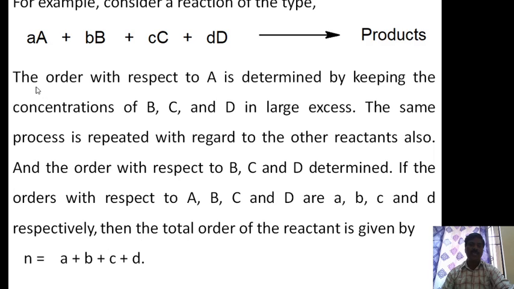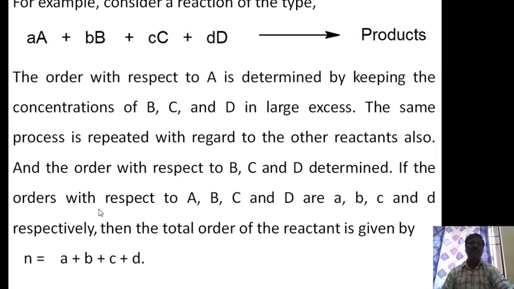The order with respect to A is measured by keeping the concentrations of B, C, D in large excess. The same process is repeated with regard to the other reactants also, and the orders with respect to B, C and D are determined.